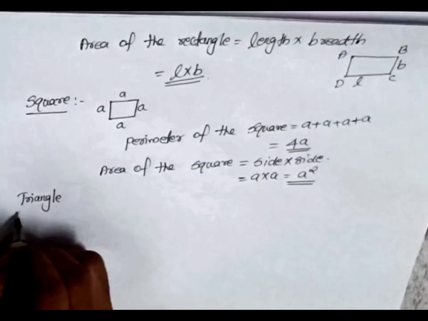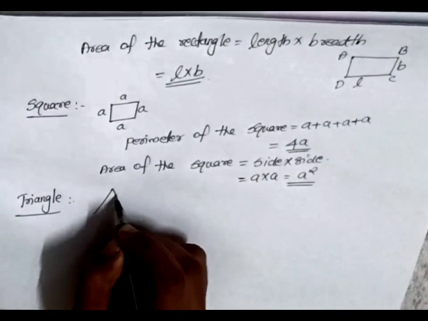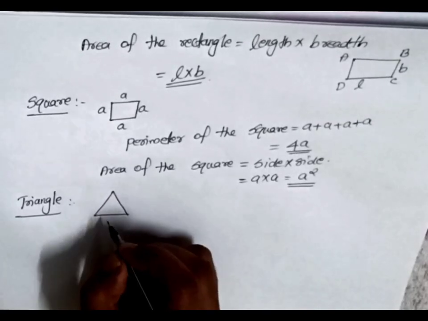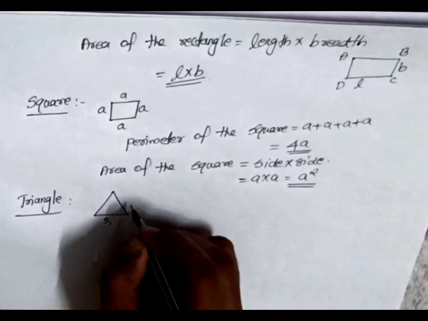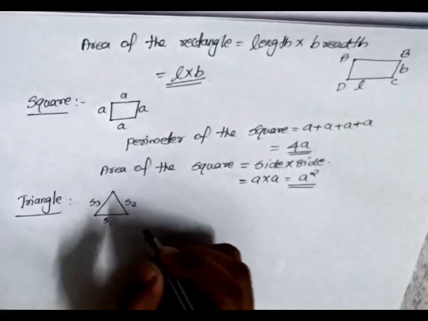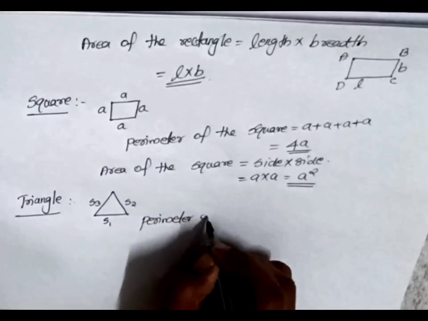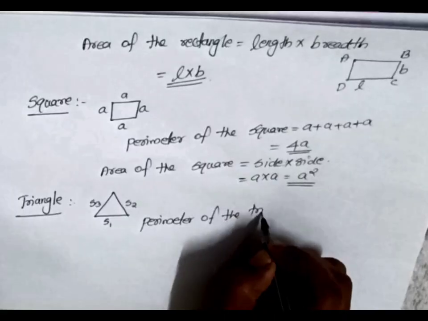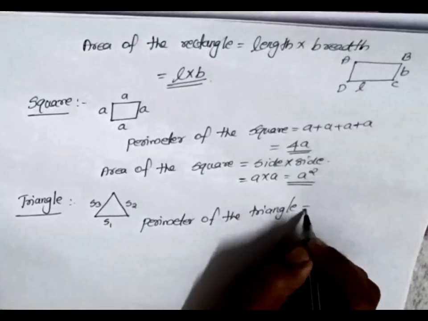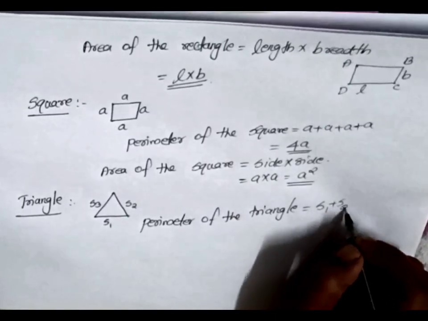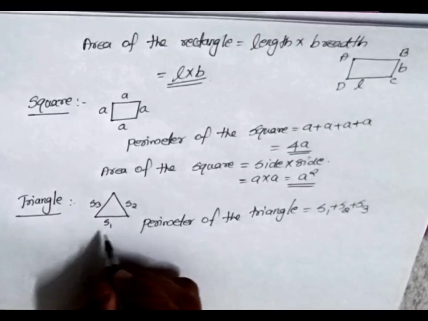Next we have to consider triangle. We know that triangle has three sides. Each side is taken as S1, S2 and S3. Then the perimeter of the triangle is equal to S1 plus S2 plus S3. We have to add all these three sides.